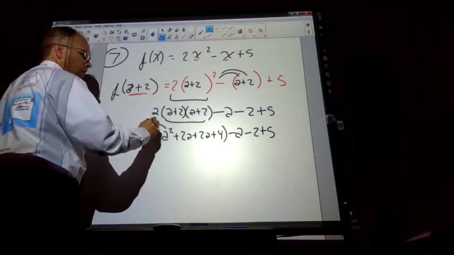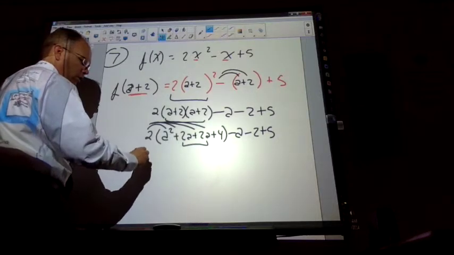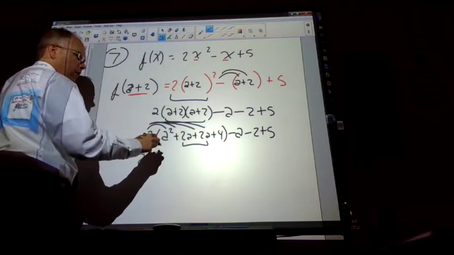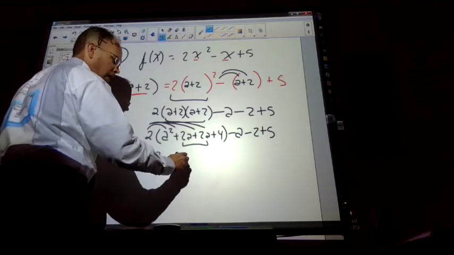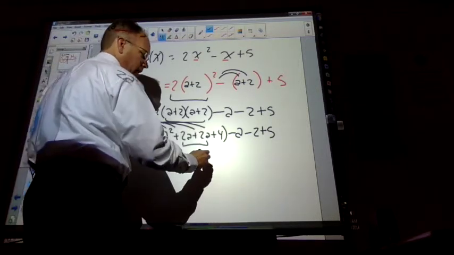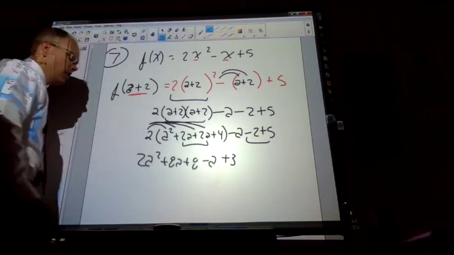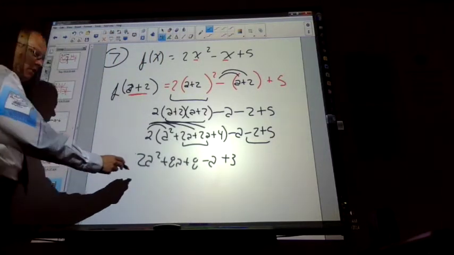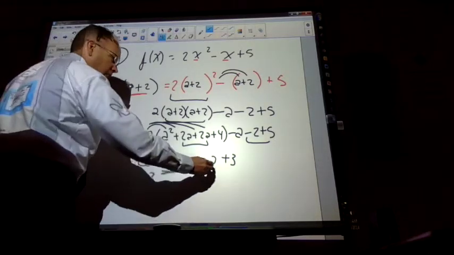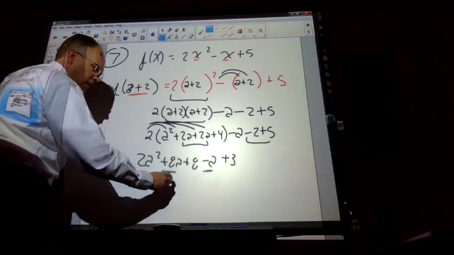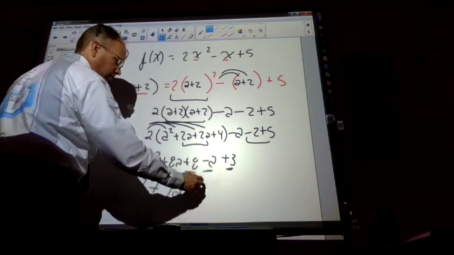Distribute the 2 over here. I can combine that. It gives me a 4, so I get 2a squared plus 4a times 2, that's 8a plus 8, minus a plus 3. I can combine those now. Combine like terms. 2a squared is by itself. 8a minus a is plus 7a. And then 8 and 3 is 11.